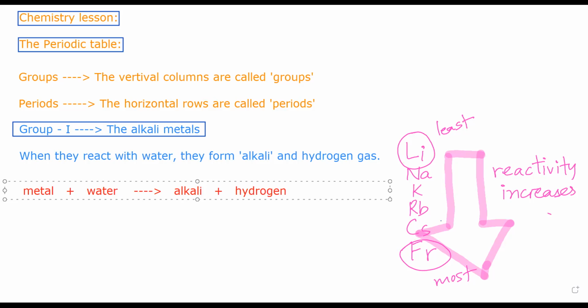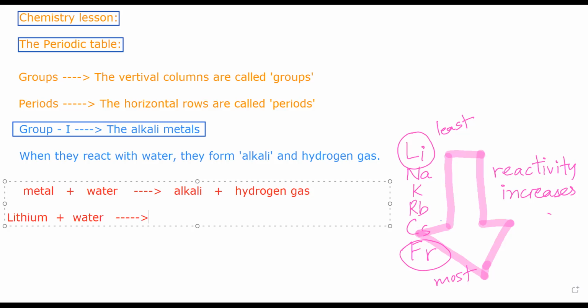I'm going to take the first one, lithium. It is reacting with water. Which alkali is it going to make? It is going to make lithium hydroxide, and hydrogen gas.